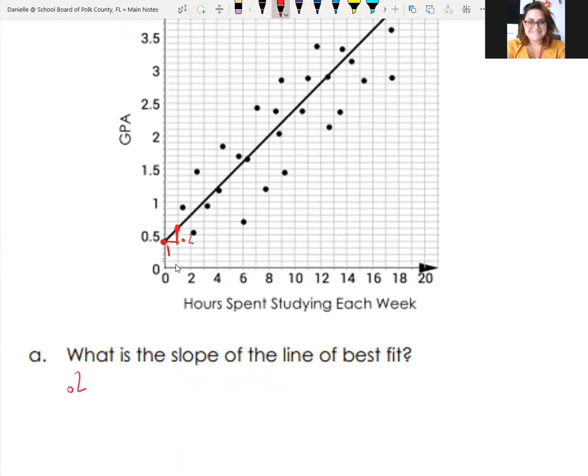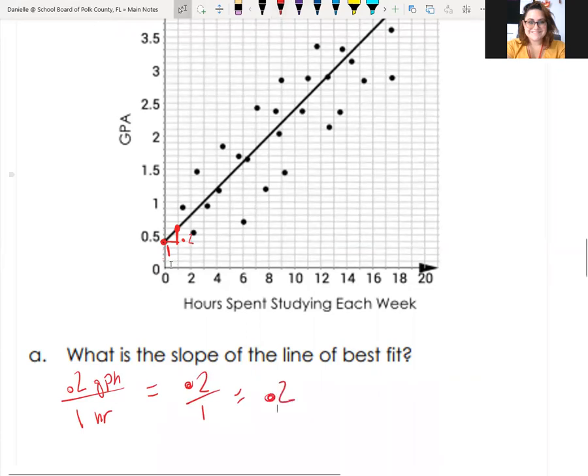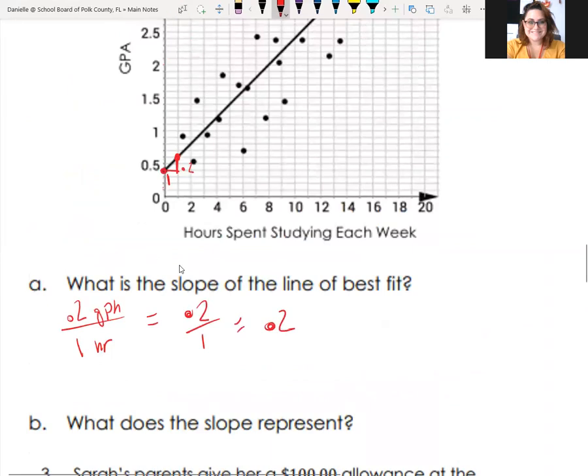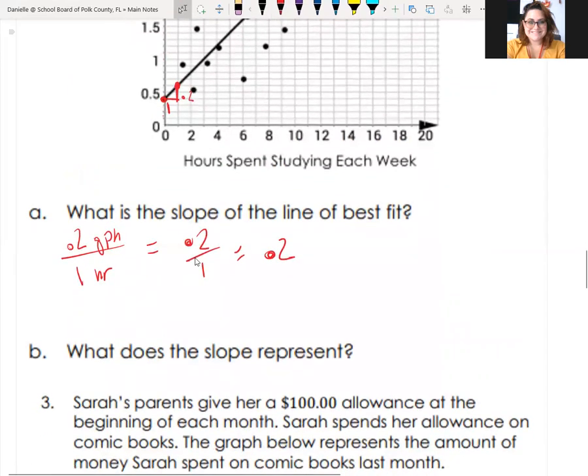So 0.2 GPA per 1 hour, which means it's going to be 0.2 over 1, which is really 0.2. And what does that mean? That means for every 1 hour we spend studying, we gain 0.2 GPA, or everyone else.